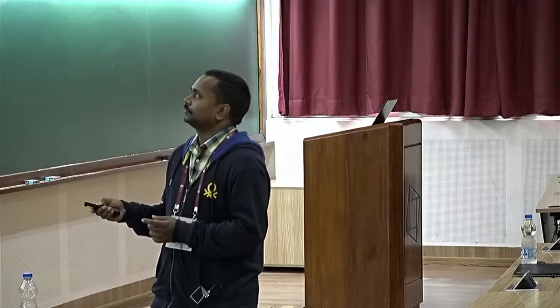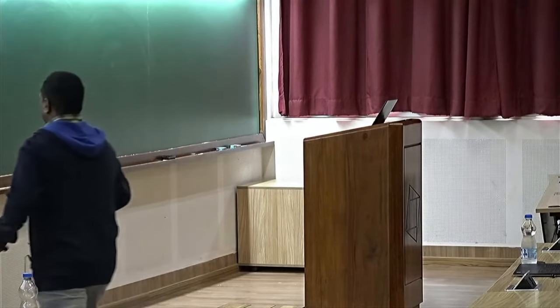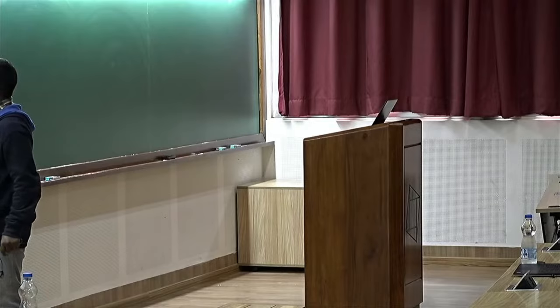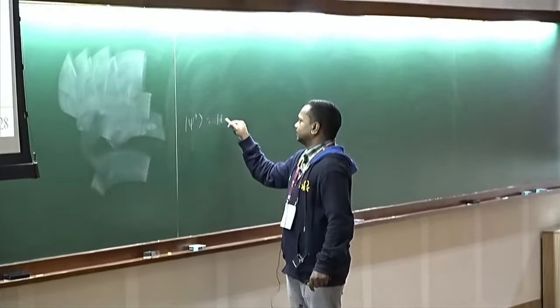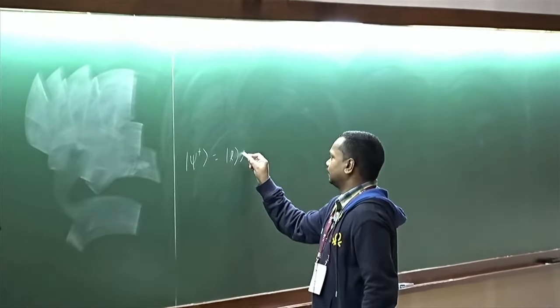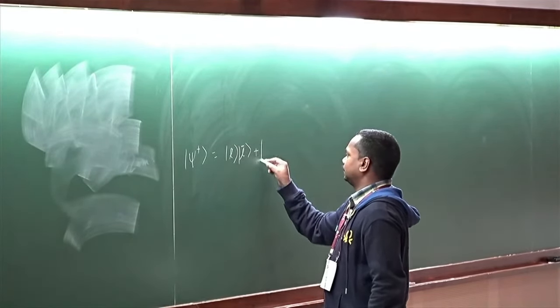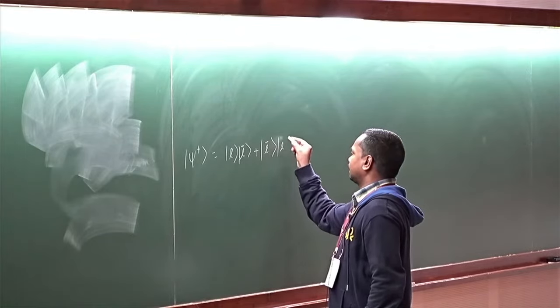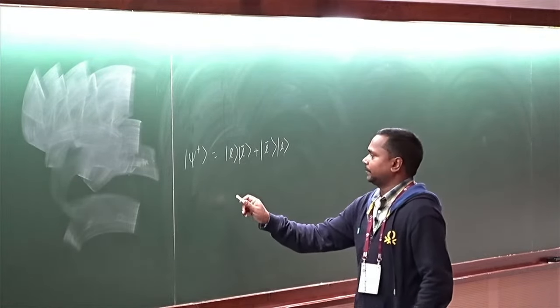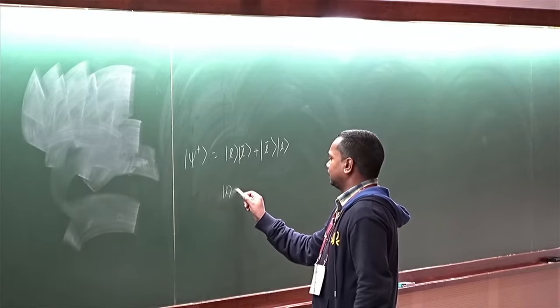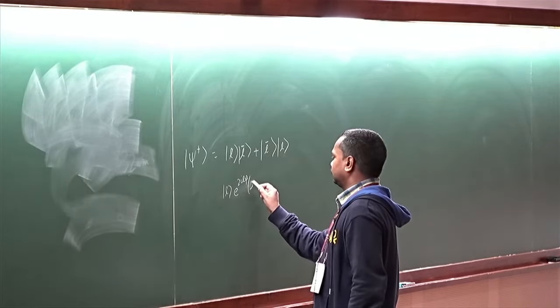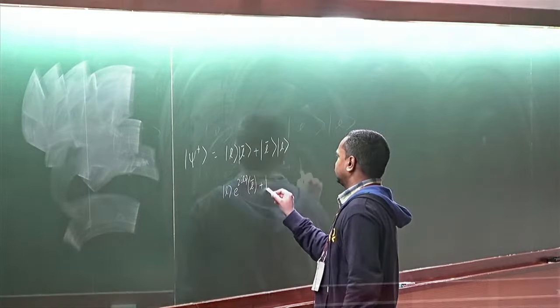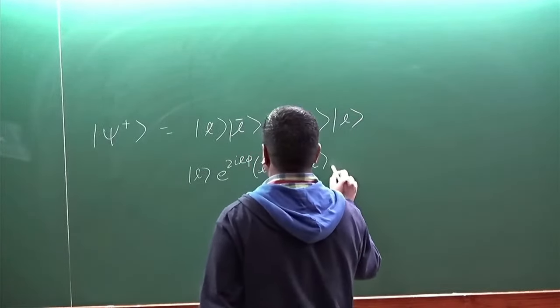So I can actually say something like, you have a symmetric state, which is L bar plus, then you have L e to the power 2i L phi, L bar plus.